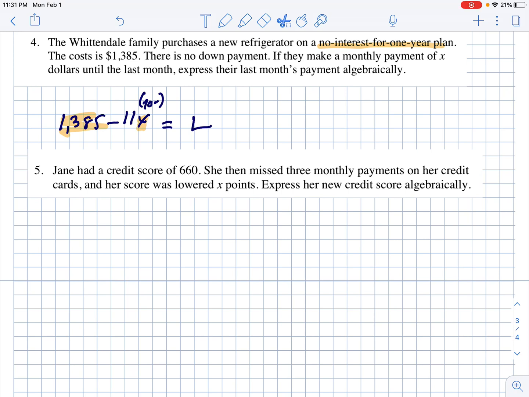Express her new credit score algebraically. All we're going to do is take her current credit score minus X. That's how many points it's been lowered. And this will equal our new credit score. I'll just put C right there. And that's it. There's not much to it.